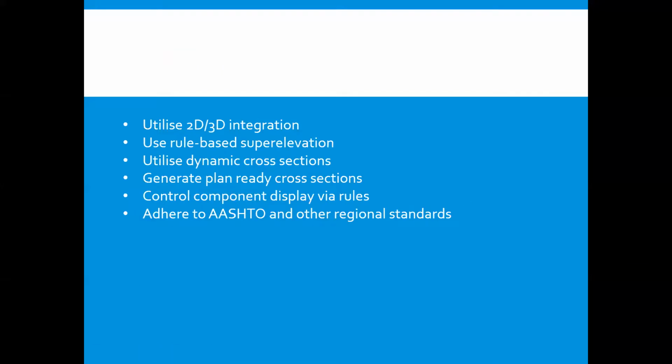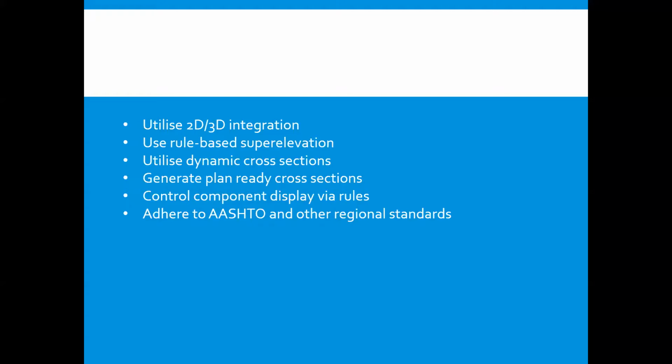Utilize two-dimensional and three-dimensional integration. Use rule-based superelevation. We talked a lot about superelevation. Utilize dynamic cross-section elements. Generate plan-ready cross-sections. It will allow you, upon development of the digital terrain model, to generate the cross-sections automatically rather than producing them manually on an individual basis.